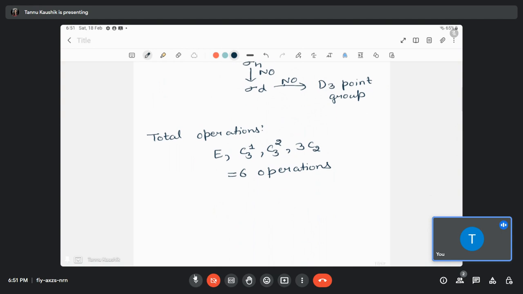And since we have more than one proper axis of rotation in this case, the molecule is non-polar and the dipole moment will be 0.